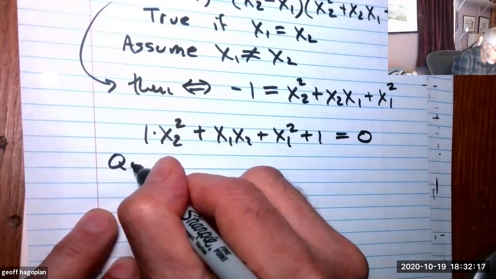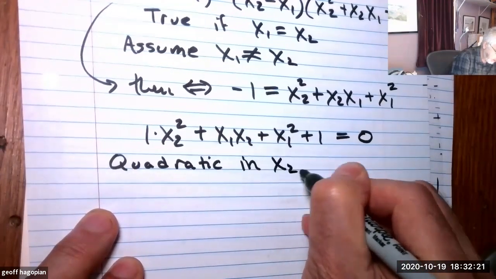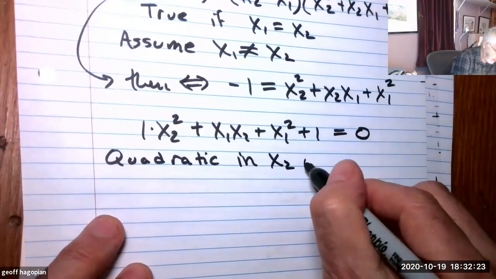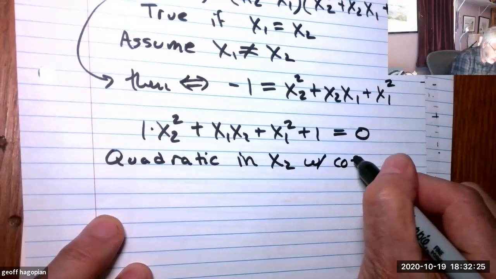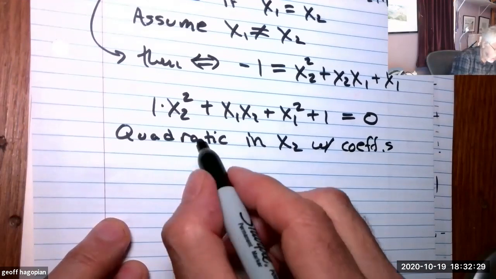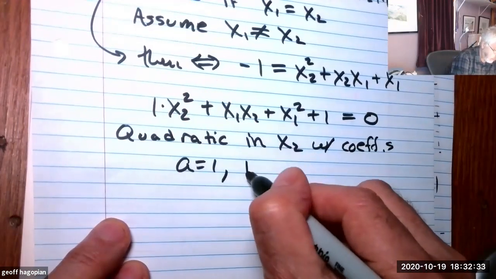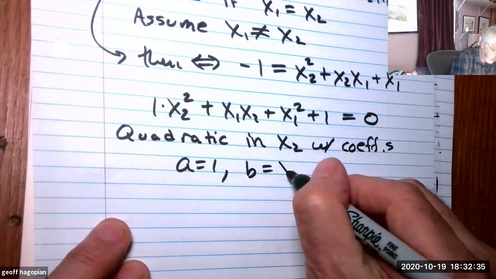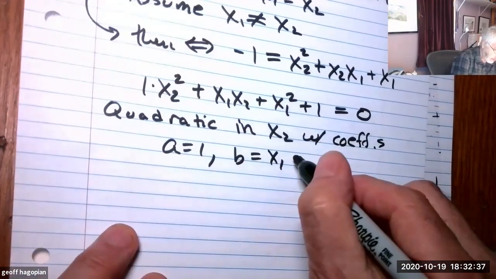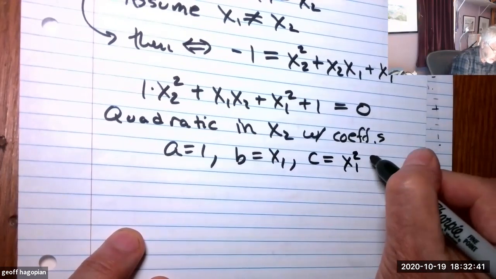So this is quadratic in x2 with coefficients. What would the coefficients be? Well, a is 1, right? That's the coefficient of the leading term. B is the coefficient of x2, that's x1. And C is x1 squared plus 1.